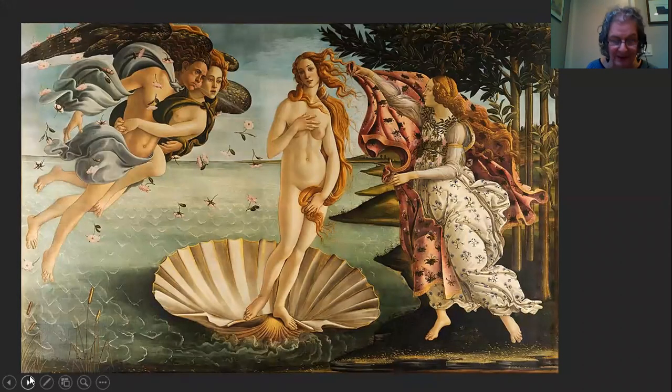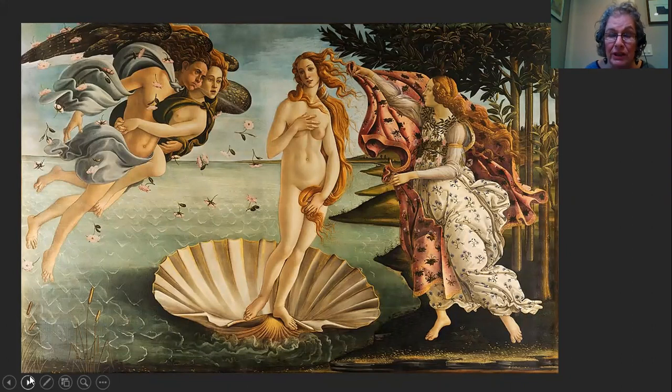This is, of course, a very famous painting in art history. Almost everybody might not know it's by Botticelli, but they've certainly seen it sometime in their lives. Now I'll tell you just very quickly a little bit about Sandro Botticelli. He spent almost his entire life in Florence.